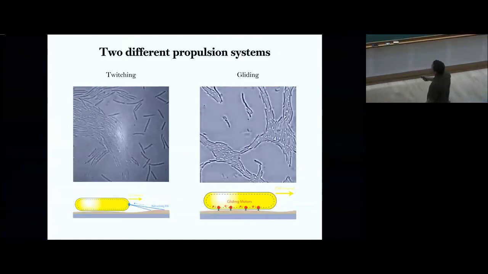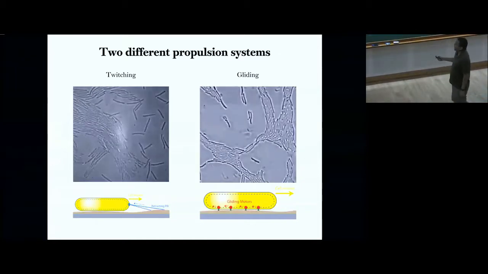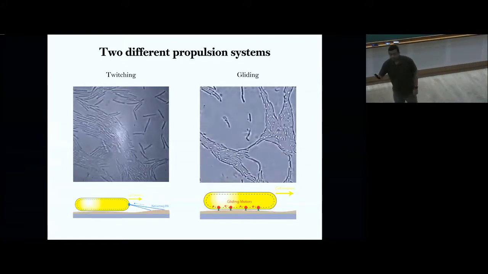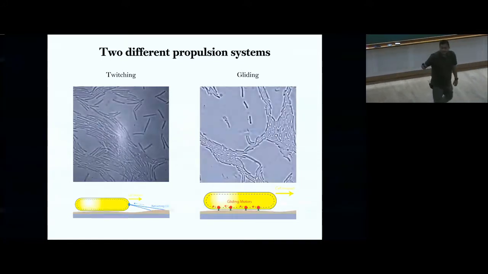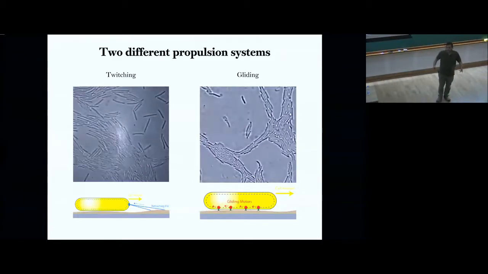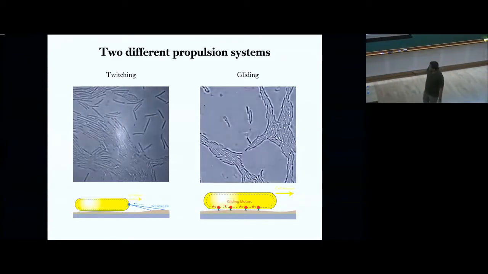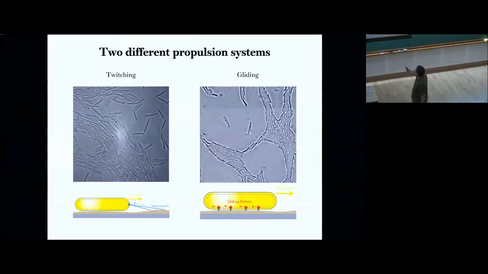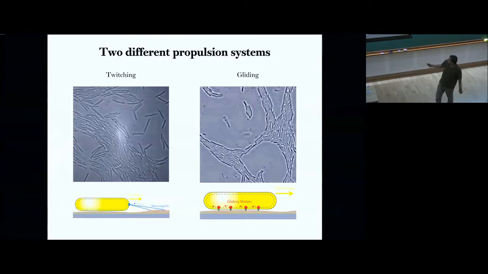It also has another interesting motility mode, and these two are switched by the metabolic state and the number of neighbors that a cell has. This is a so-called adventurous motility, and this is a so-called social motility in the context of these Myxo.